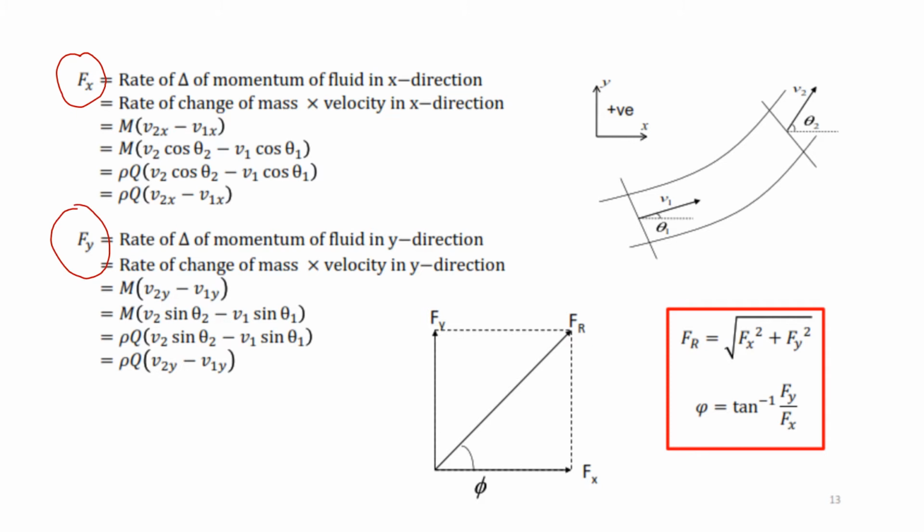So we see Fx first. Fx is the rate of change of momentum for the fluid in the x direction, or it can be calculated as the rate of change of mass, capital M just now, times the velocity in the x direction.